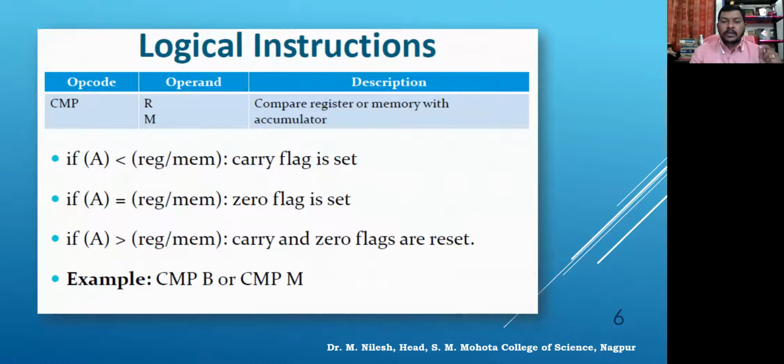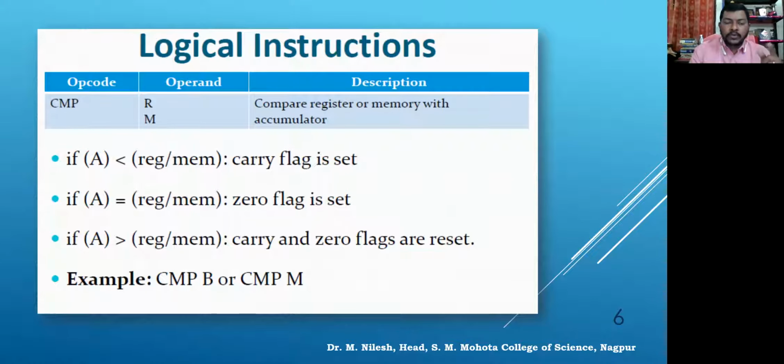This is a very essential instruction that we are going to use, which shows whether the number is smaller or greater. If the number in the accumulator is smaller, then the carry flag is set. Remember this.